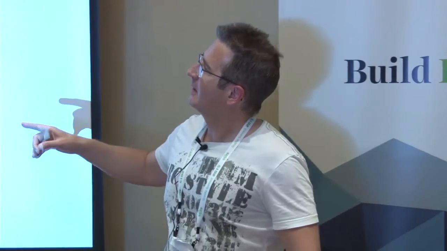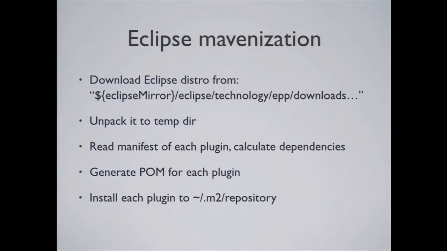Why did I formulate all these problems? I wanted to show you a glimpse of how Wuff deals with this. The current approach is that we mavenize Eclipse. Mavenize means we take everything from the official sources, we unpack Eclipse bundles, then we read each and every manifest, calculate dependencies, and then we republish everything into a local Maven cache.